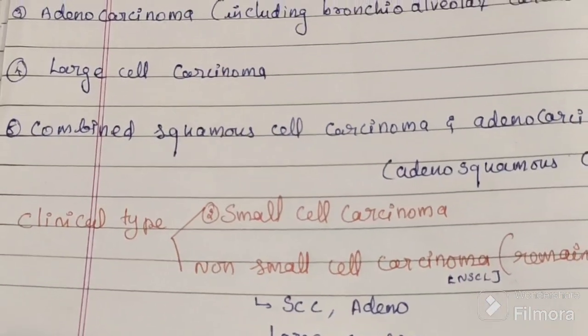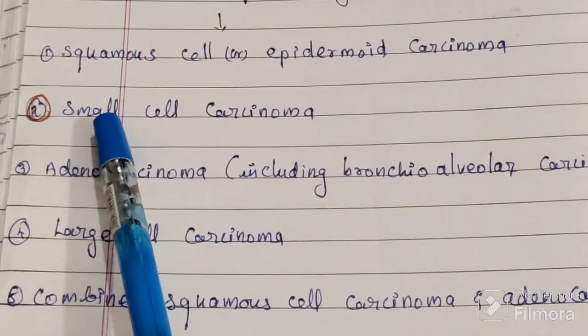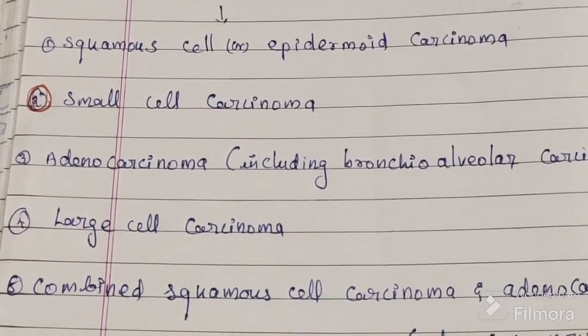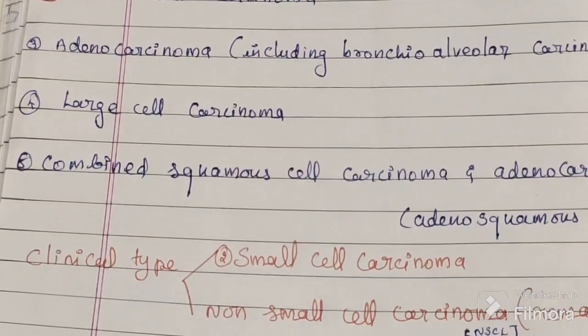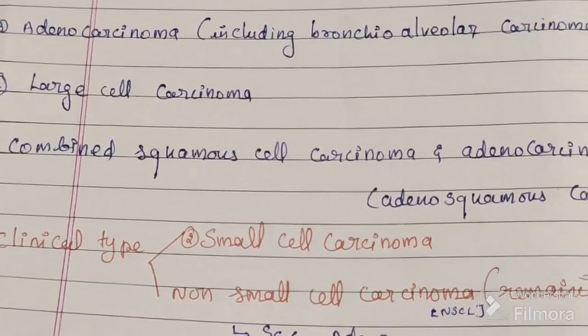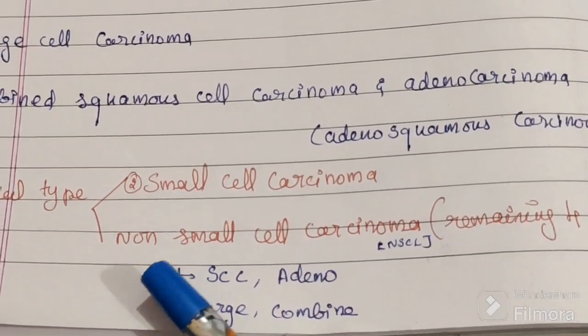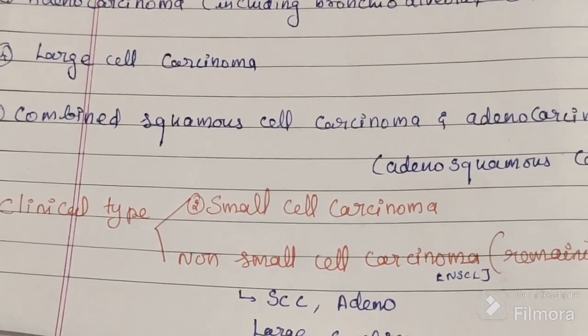Small cell carcinoma is the first category, then non-small cell. Except small cell carcinoma, the remaining 4, squamous cell carcinoma, adenocarcinoma, large cell carcinoma and combined carcinoma, come under the category of non-small cell carcinoma. So totally 5 types.